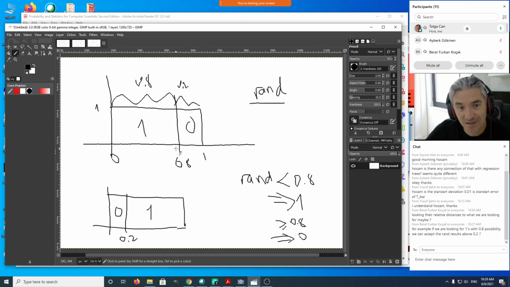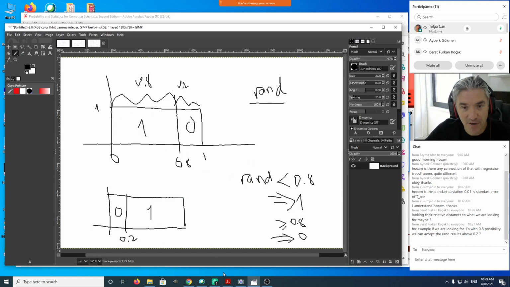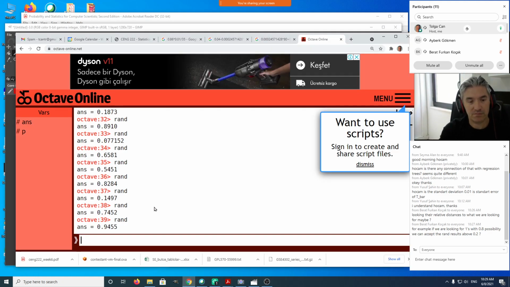So with either method, by just using a uniform random generator coming from standard uniform, we were able to simulate a Bernoulli variable. That's our first thing. For example, if I do this, rand less than p.